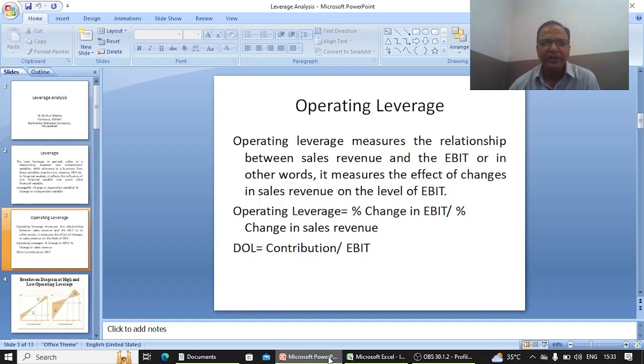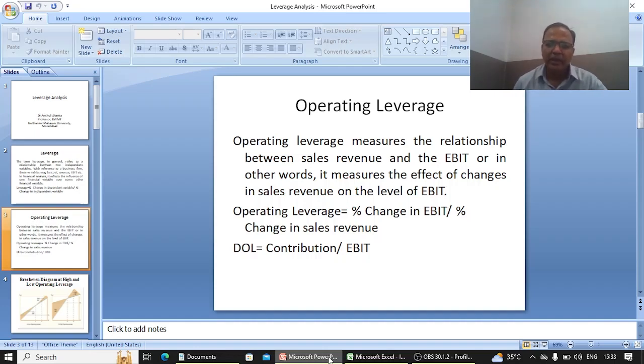And if debts are taken by the firm for the long term, this is financial leverage. So these are two types of the leverage. Whenever we have to find out operating leverage, we have a formula: percentage change in EBIT divided by percentage change in sales. It means operating leverage shows us the relationship between EBIT and sales.